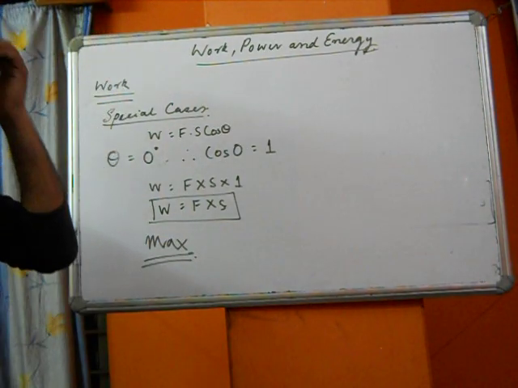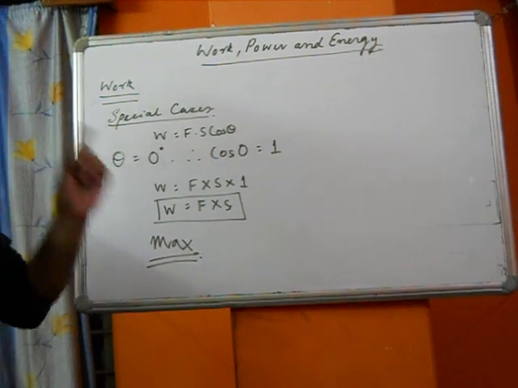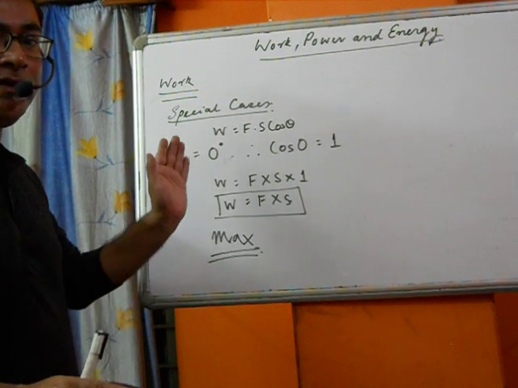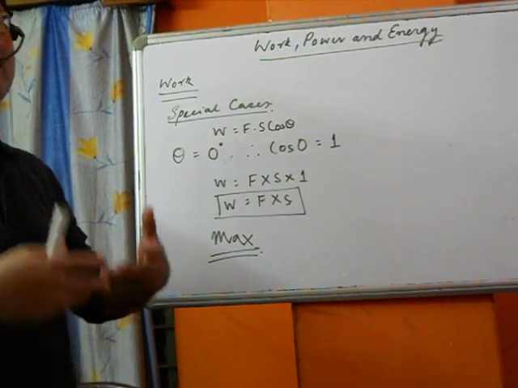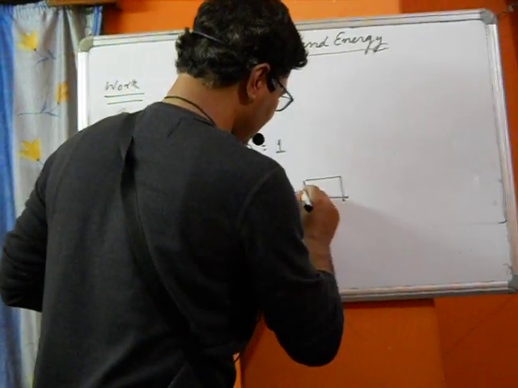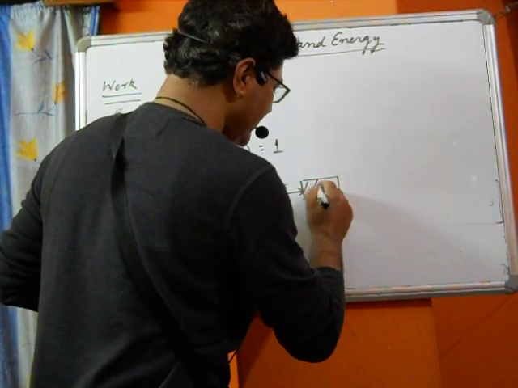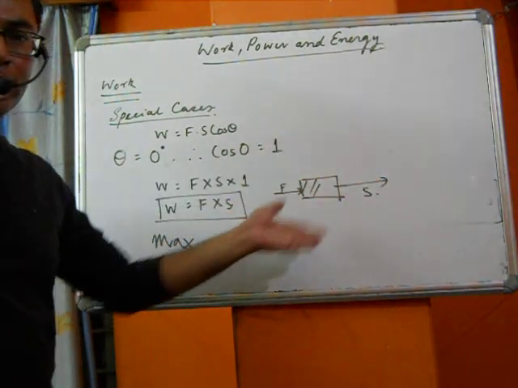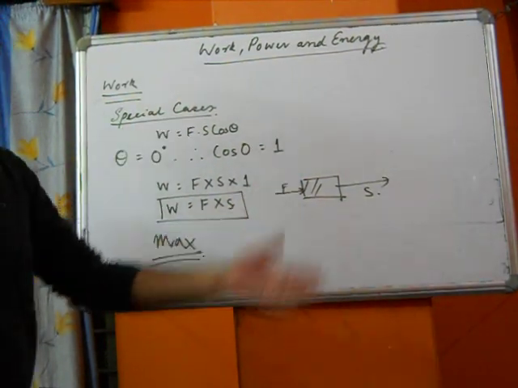So remember, when is the work done maximum? The work done is maximum whenever the angle between the force and the displacement is 0. That means I have an object, I apply a force, and the object is moving towards the direction of force. The angle between the force and displacement is 0. The work done is maximum.